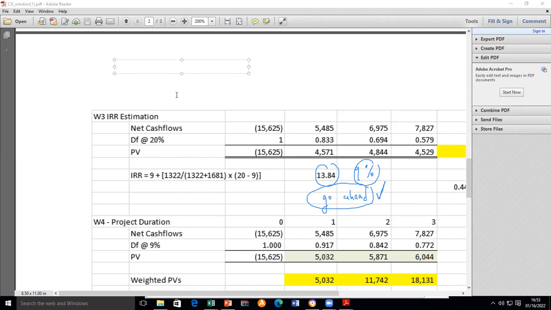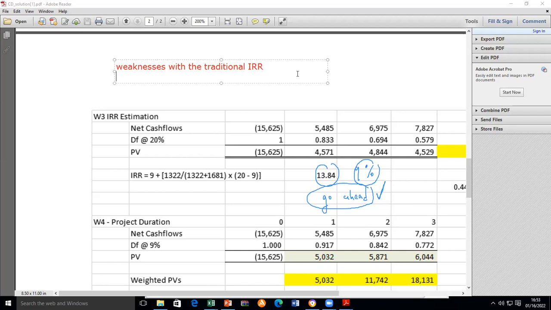What are the two weaknesses with the traditional internal rate of return?